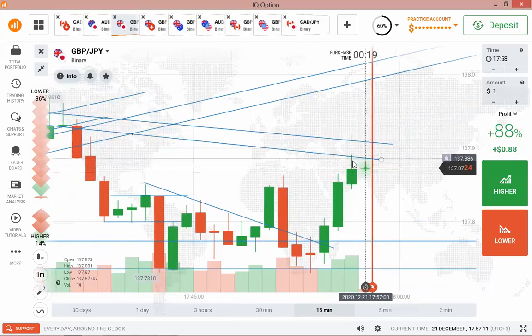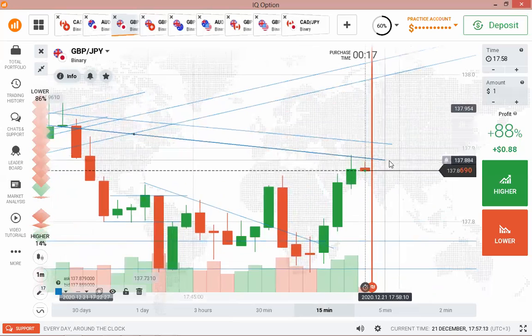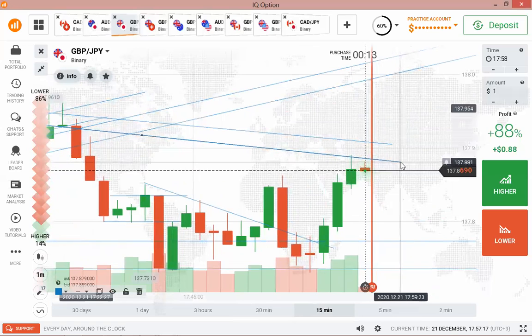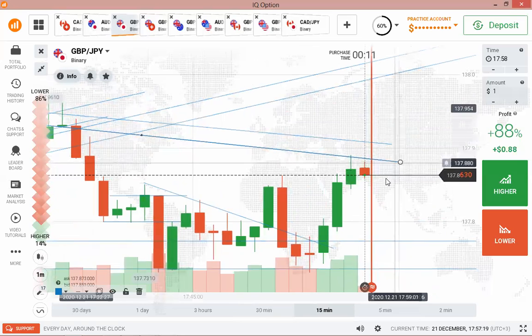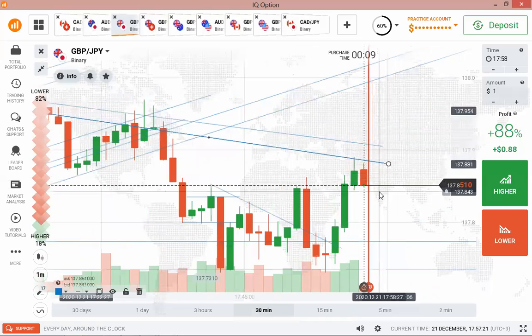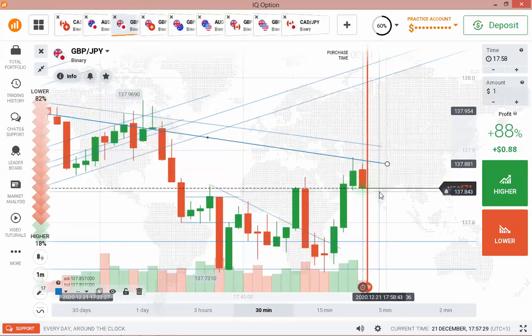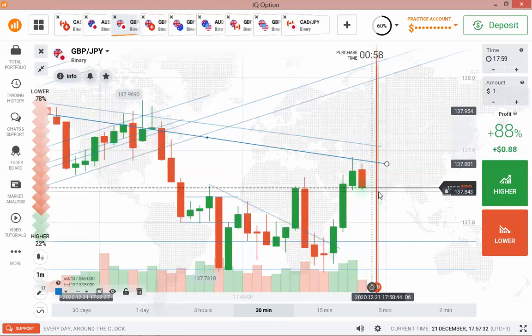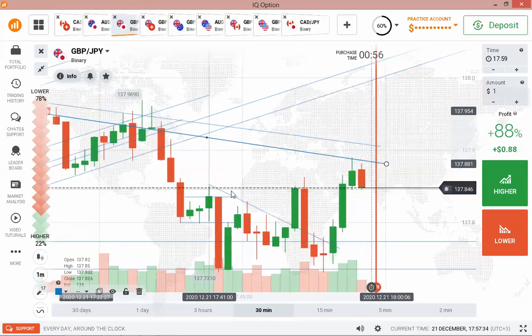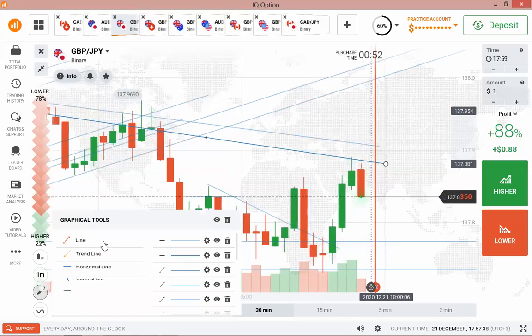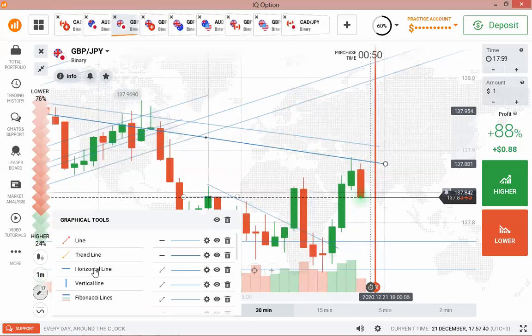I think the buyer should enter again. Okay, it's now respecting, it's now going to retest this level. Okay, very strong.